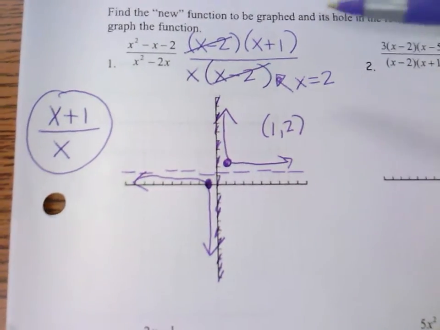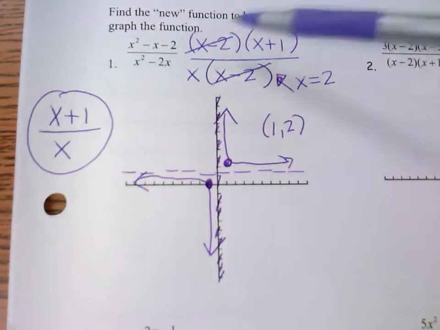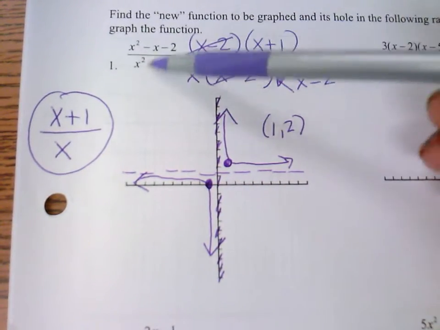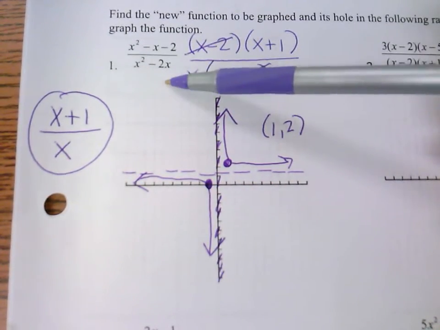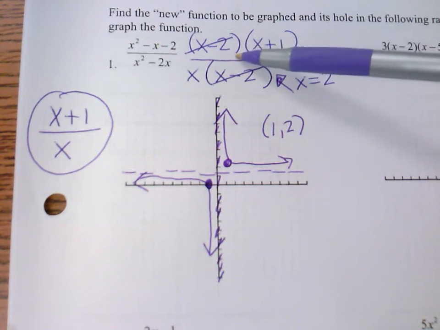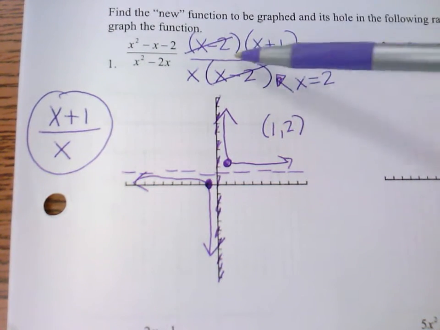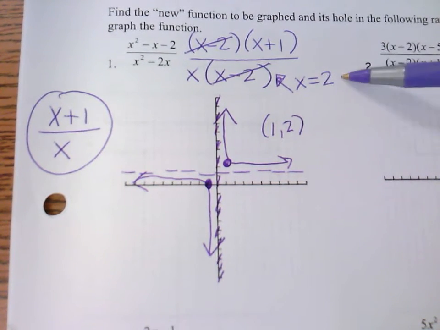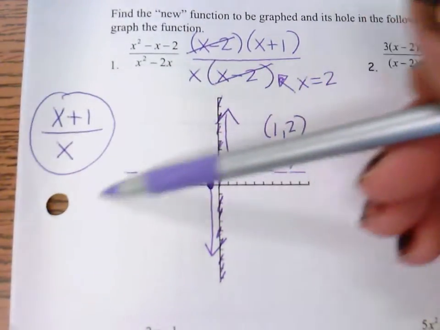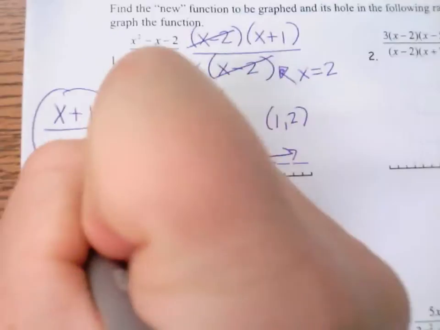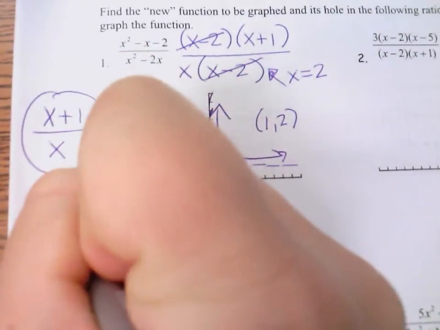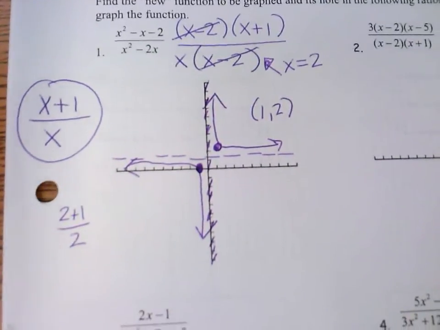But this wasn't our original function, right? Our original function had this additional factor that we canceled out. Because we canceled it out, the original function was undefined at x equals 2. So I need to plug 2 into my new function. So 2 plus 1 divided by 2 is where my hole is.